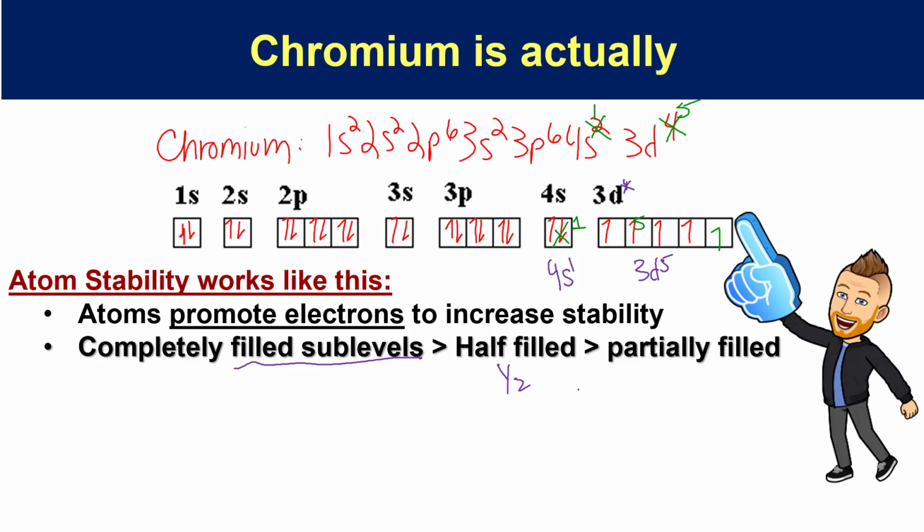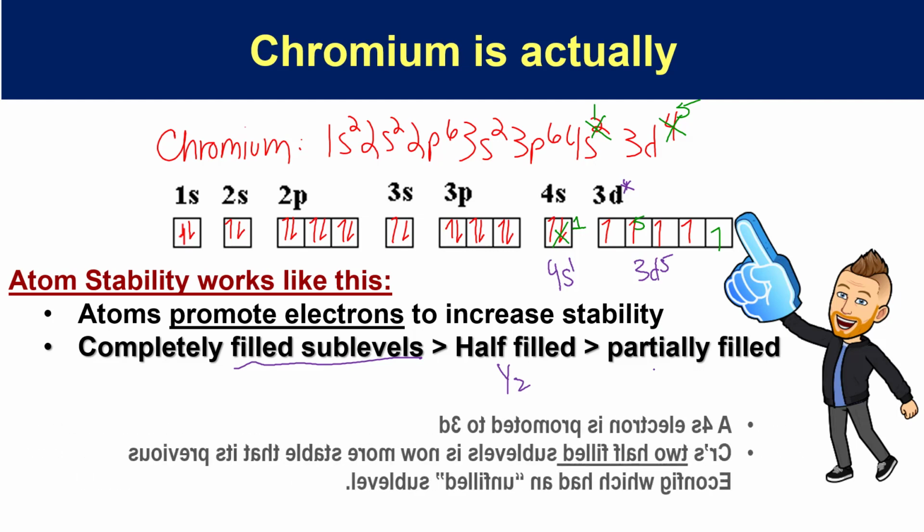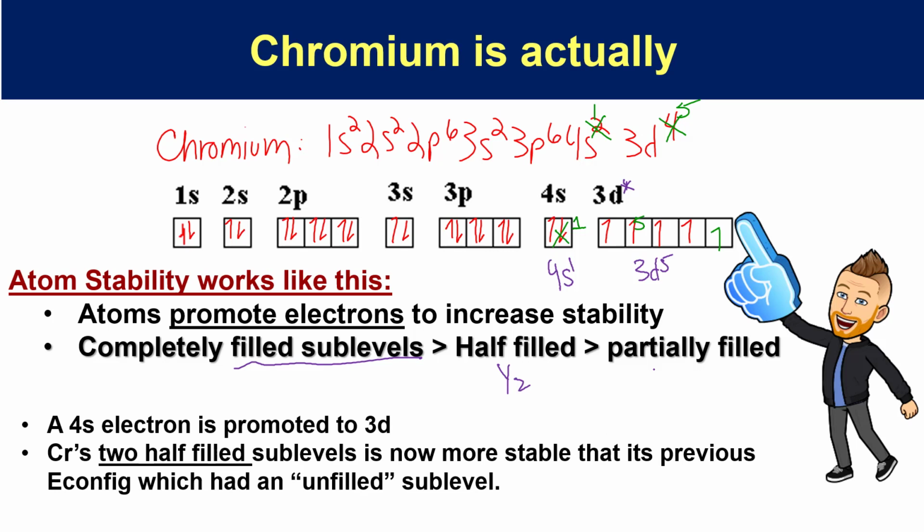So half-filled sublevels are the next best thing if you can't have completely filled. And the door prize goes to the partially filled sublevels. They are the least stable and the highest energy state there is. So the important takeaway is to know that chromium will violate the rules of filling to reduce its energy and increase stability.